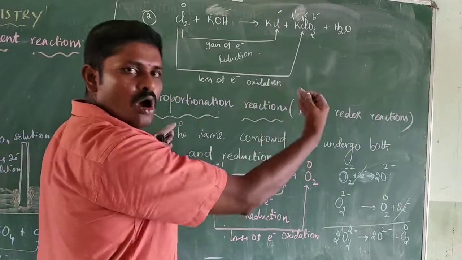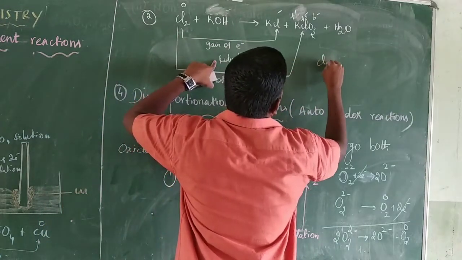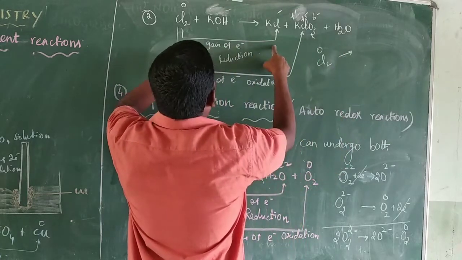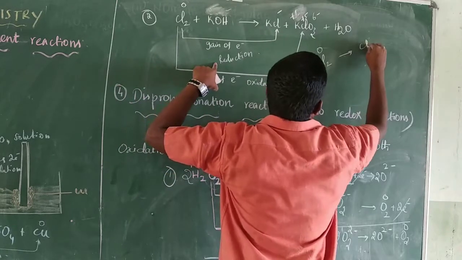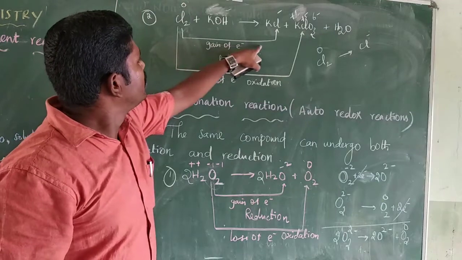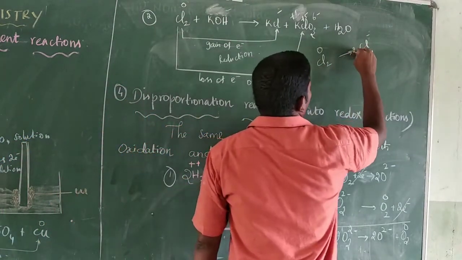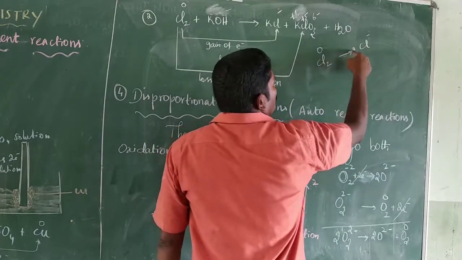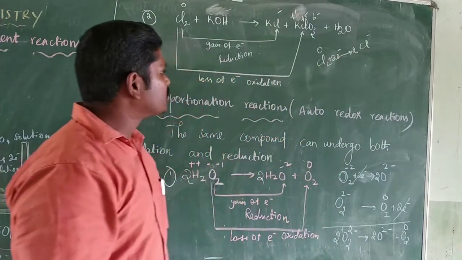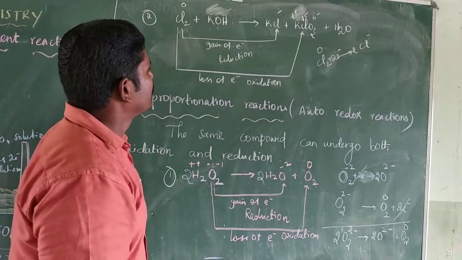So separate two half reactions. First one, reduction: Cl2 0 to Cl minus. How many chlorine? 2. 0 to 2 minus, a gain of 2 electrons. It's a reduction process.